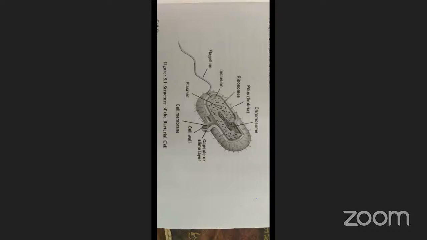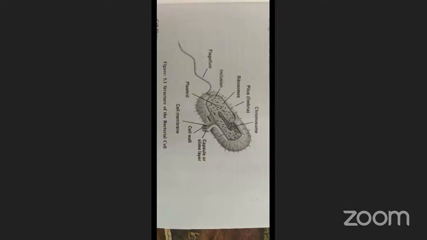Gram negative bacteria contain a thin peptidoglycan layer and stain a pink color. So based on this, gram positive and gram negative bacteria are clearly differentiated.